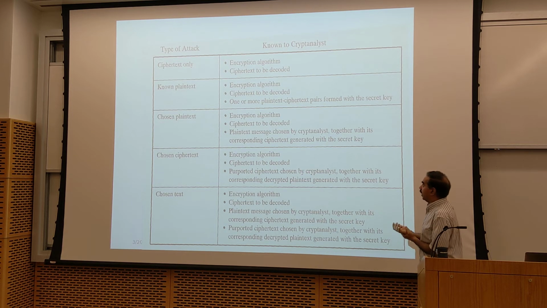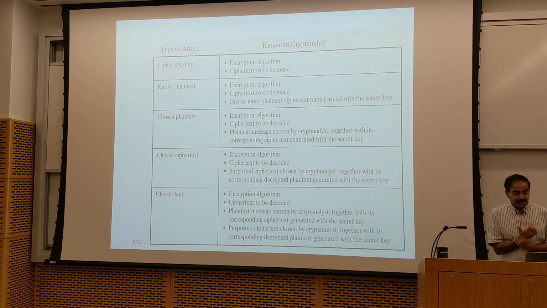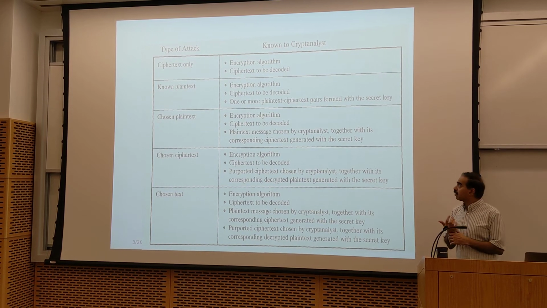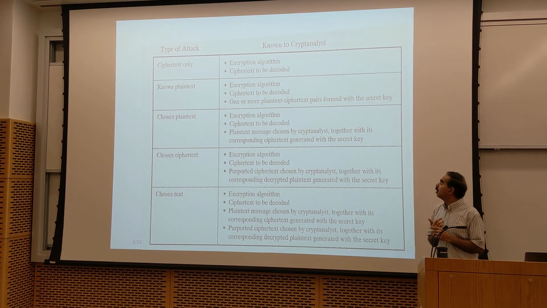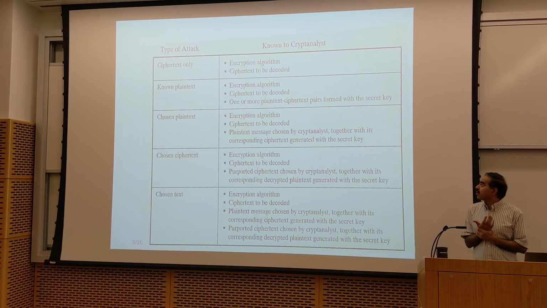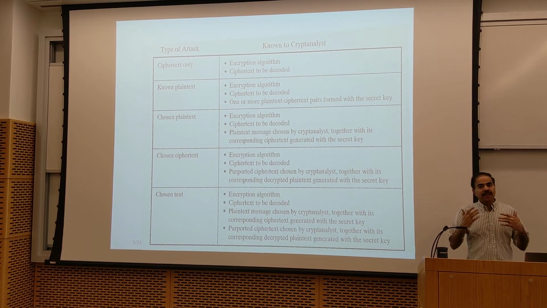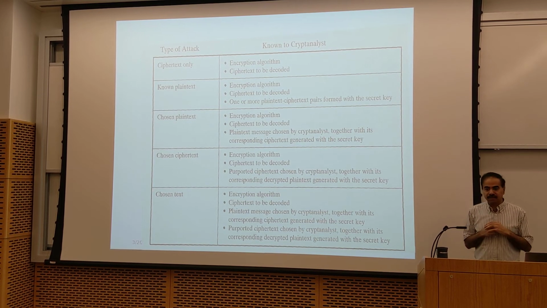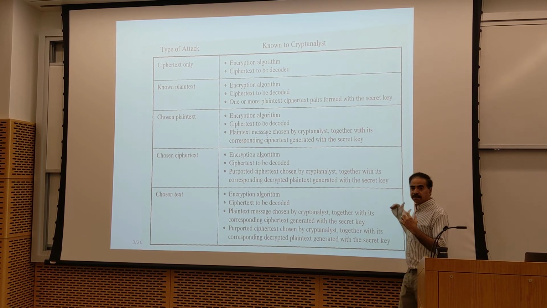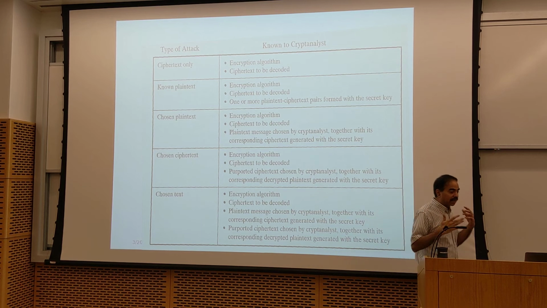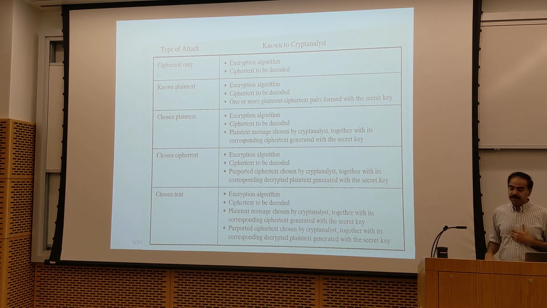In the known plain text case, in addition to what you have in the ciphertext only case, the attacker also has one or more plain text ciphertext pairs. You can think of it as some kind of code book, where you have some examples based on which you can start analyzing what the key might be.